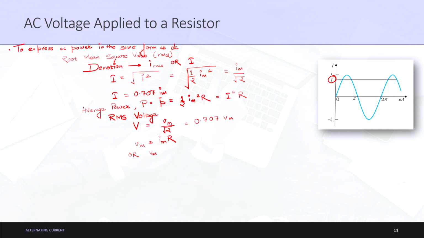We get Vm by root 2 equal to Im by root 2 into R. Vm by root 2 we just obtained is the RMS voltage, and Im by root 2 is the RMS current. Therefore, we can directly write capital V is equal to capital I into capital R.